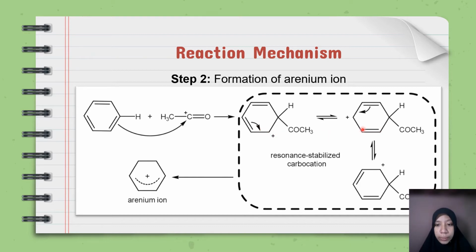So here we have the double bond and this C will become positive. We will have another resonance structure where this electron will move here. So here we have the double bond and this C becomes positive. These three structures we call resonance stabilized carbocation and it can also be represented as this structure.